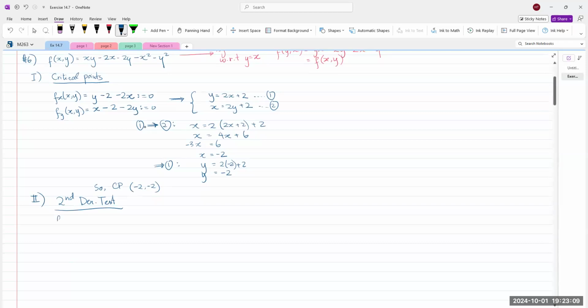So f sub xy will be 1, yeah, it's 1. f sub xx is -2. f sub yy should also be -2, huh?